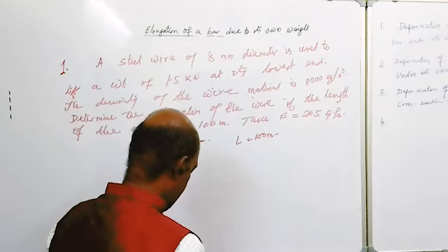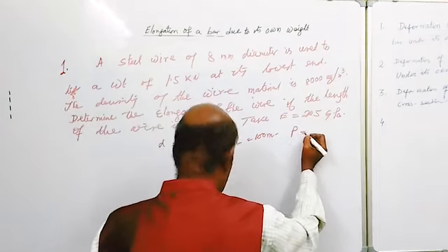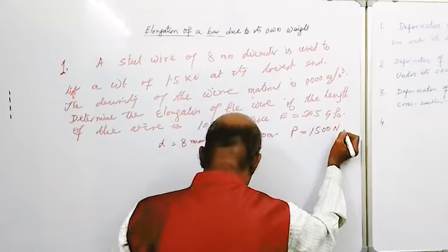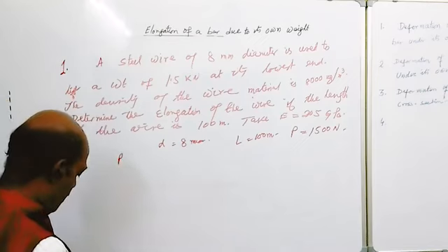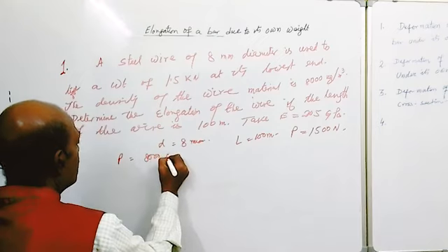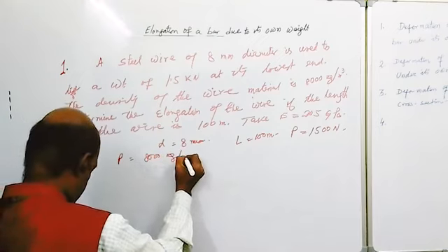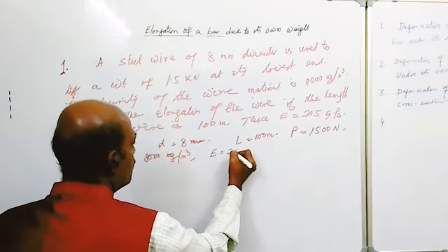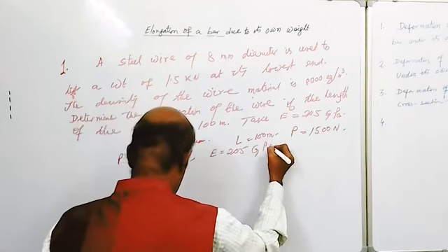Then P, the load, is given as 1.5 kilonewton, that is 1500 Newton, and density of the material of the wire is equal to 8000 kg per meter cube, and E is given as 205 gigapascal.